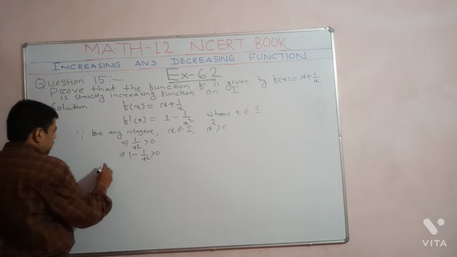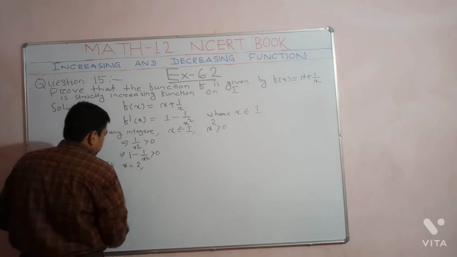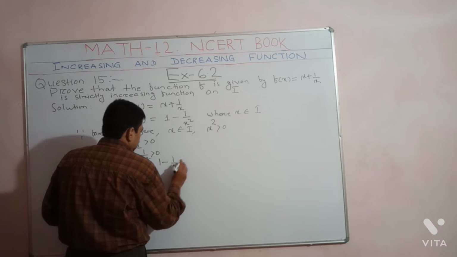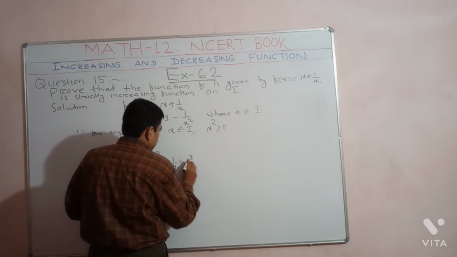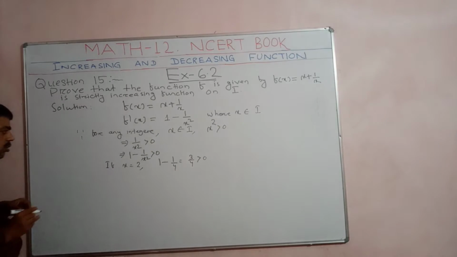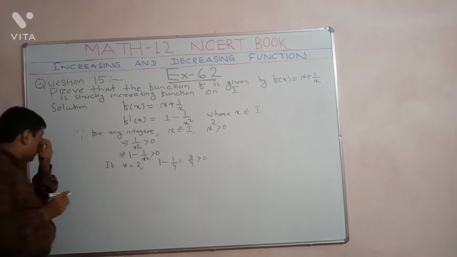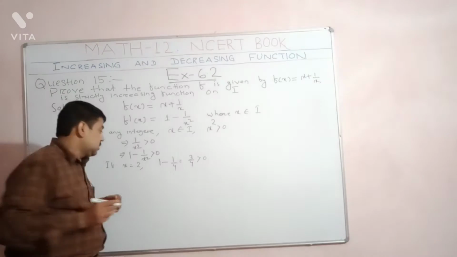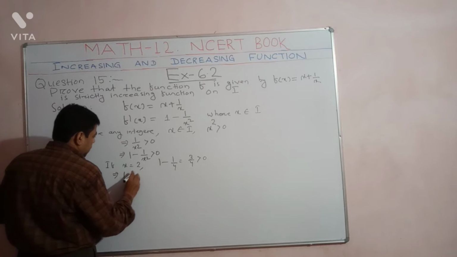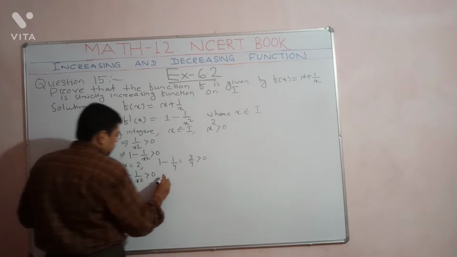If, suppose, you take x = 2, then 1 - 1/2² = 1 - 1/4 = 3/4, which is greater than 0. So it is clear that 1 - 1/x² is greater than 0 for any integer x. Very simple.